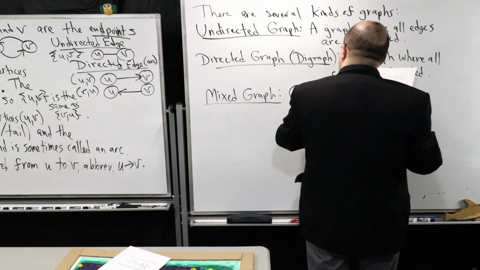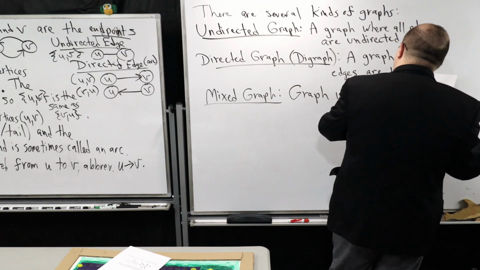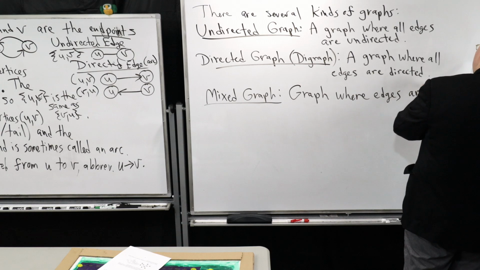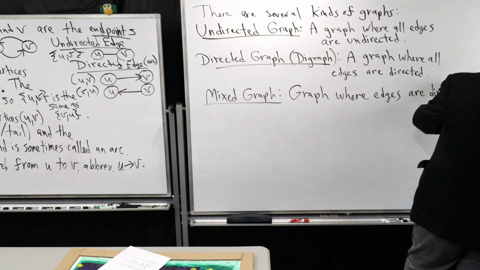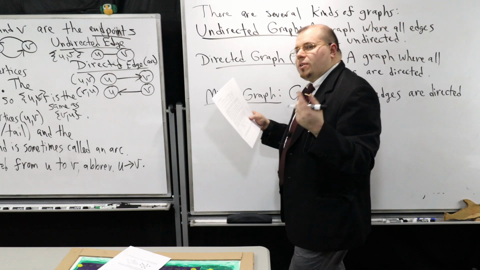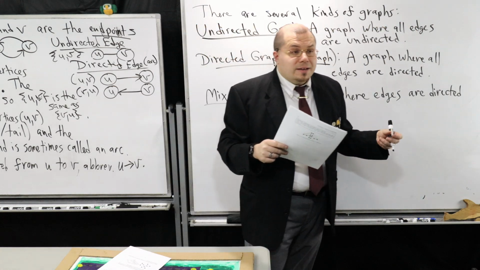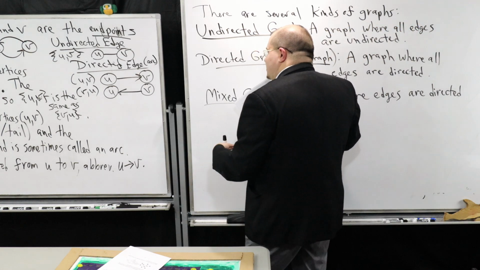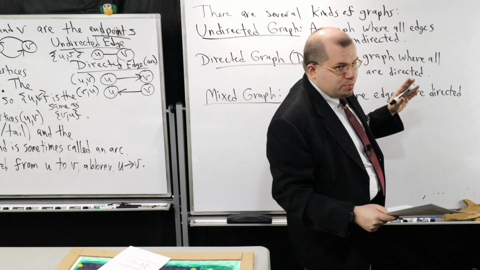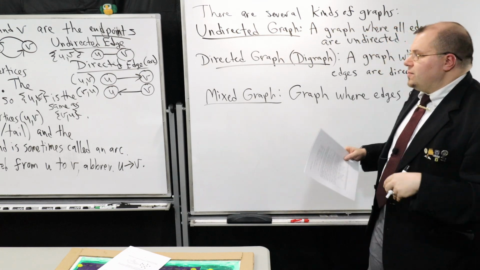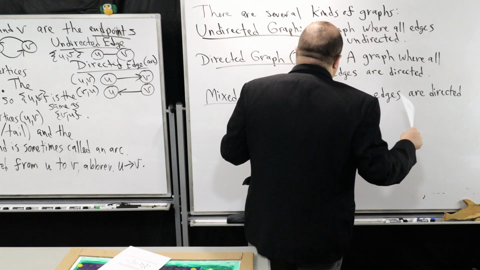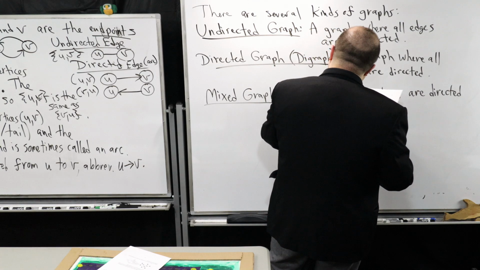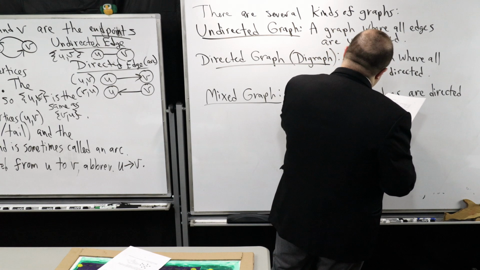So it's a graph where edges are directed and undirected. So that means that there might be some edges in the graph that are undirected and there's other ones that are directed. Sometimes these may actually have a special meaning, like akin to my warning that I mentioned earlier. Sometimes an undirected edge might mean something special in your problem that you're formulating using a graph versus the directed edges. Or a graph where edges are directed and undirected. Hence its name. It's mixed.